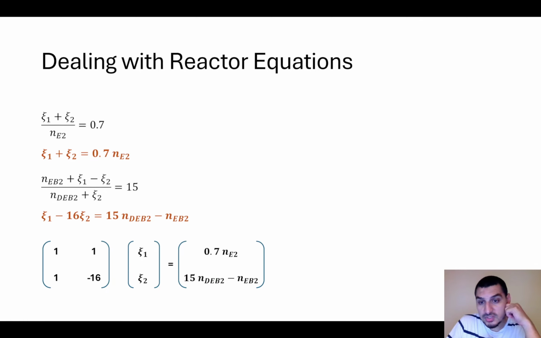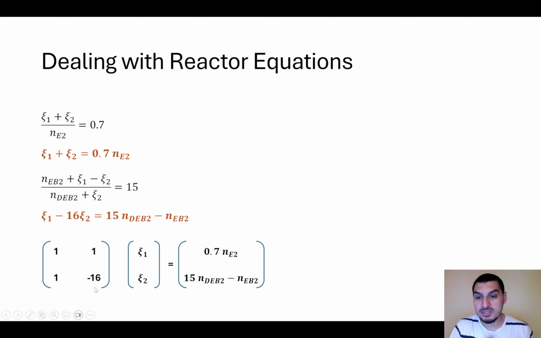If you look at the equations, both of them are linear algebraic equations. So this is xi1 plus xi2 equals 0.7 multiplied by a number that we have, which is going to be part of the iterations. And the other equation can be rearranged to be xi1 minus 16 xi2 equals this number, which is also part of the iteration. So these are numbers that we can give to the software. So we can solve them as a matrix.